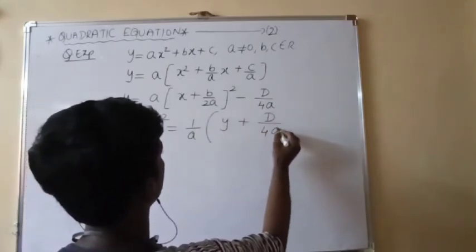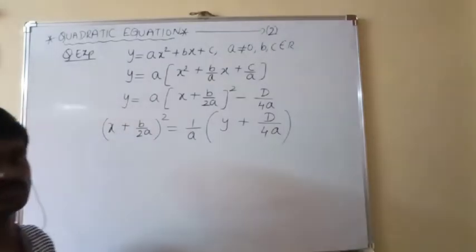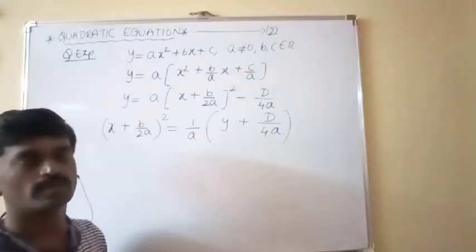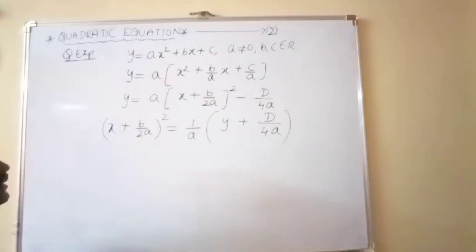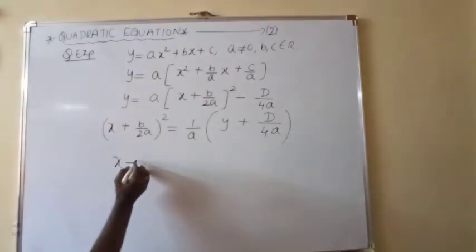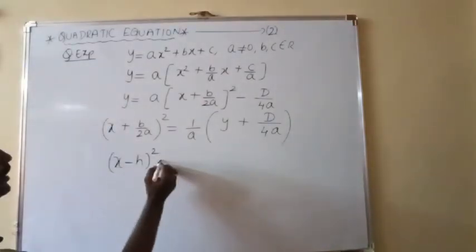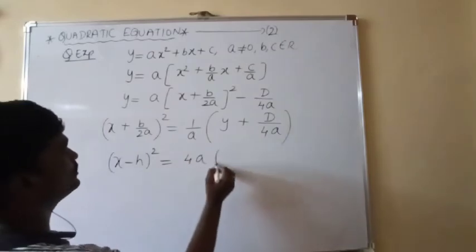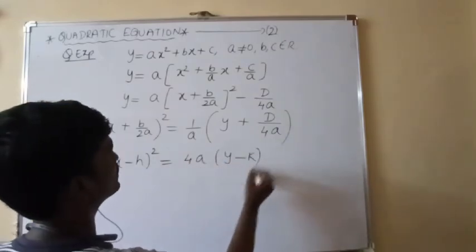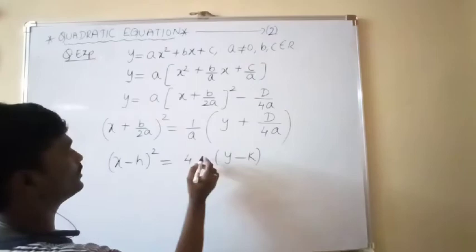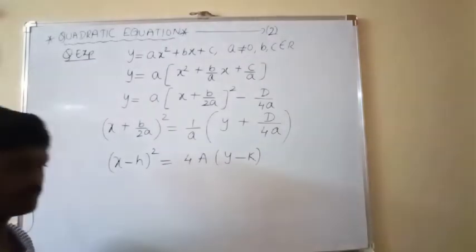What is d? Discriminant. D is b square minus 4ac. So it looks like x minus h whole square is equal to 4a into y minus k.